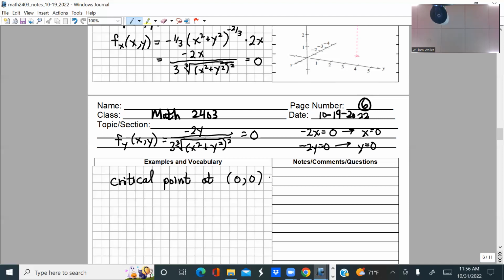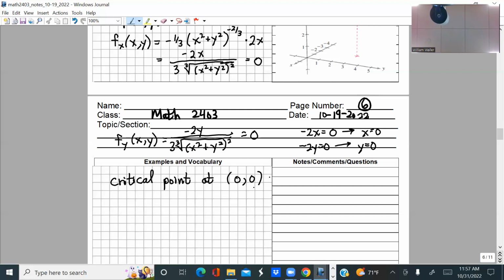Actually, this one either, but we could have noticed it immediately right here. This partial derivative is not going to exist when x is 0 and y is 0. Because what does that make the denominator here? 0. That makes the denominator 0. So we could have immediately said, oh yeah, I must have a critical point at 0, 0.